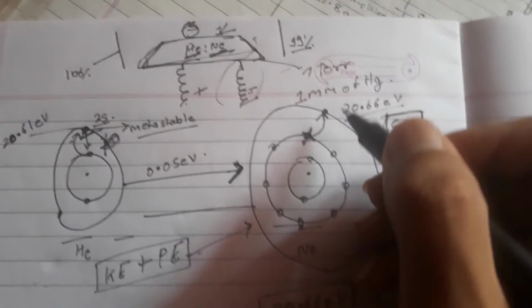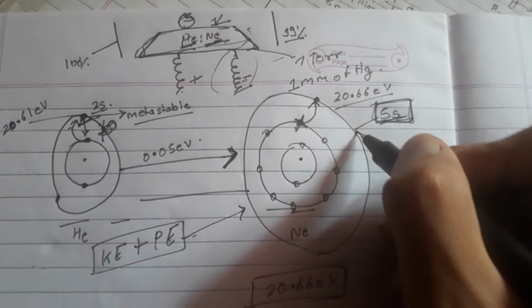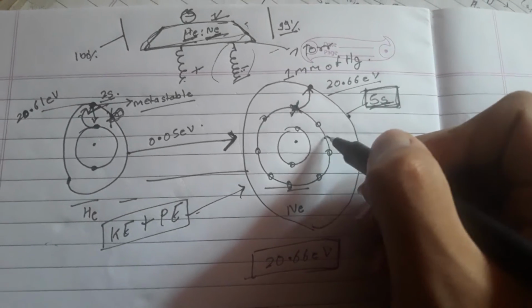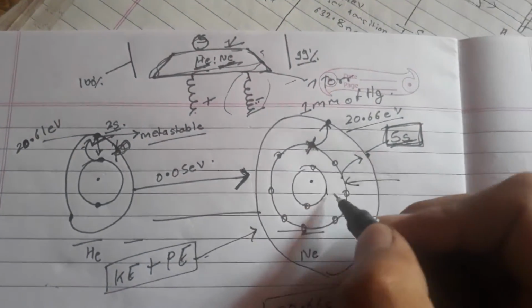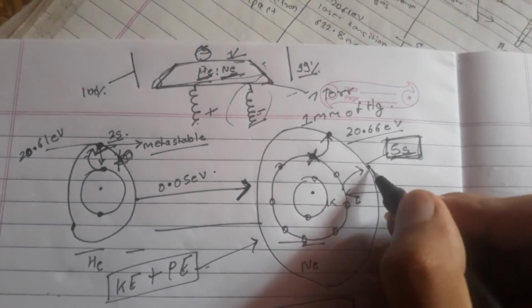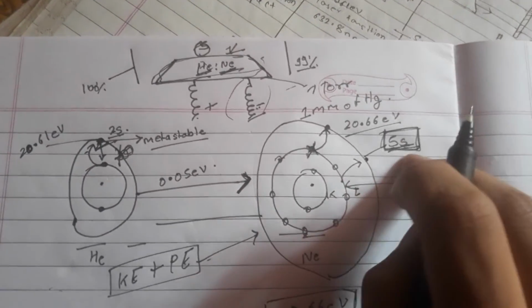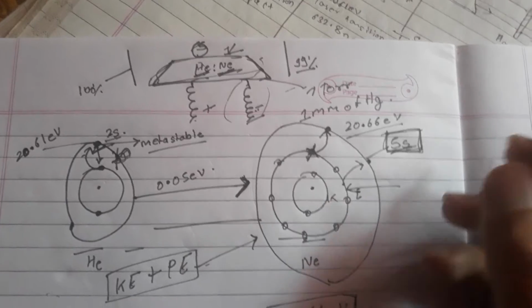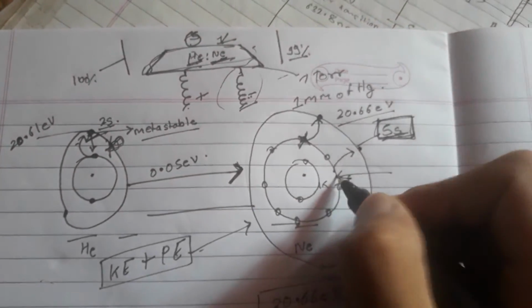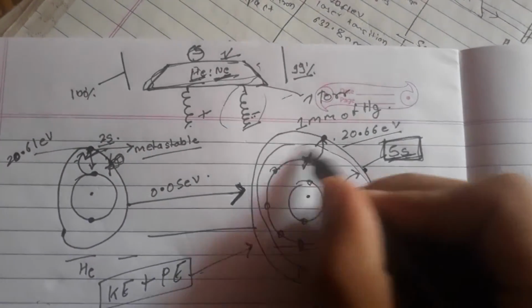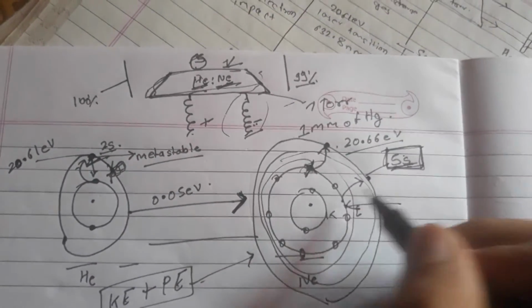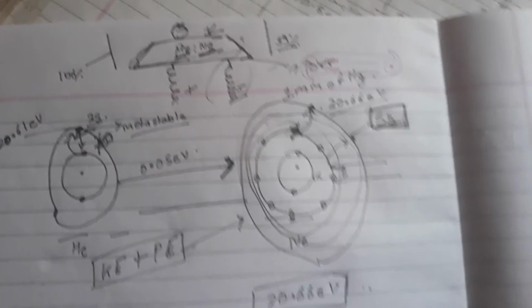Now remember, this is not the next orbital after the second orbit. This is 5s, not the orbit after the L. So there are a few more orbits in between the 5s and the second orbit.